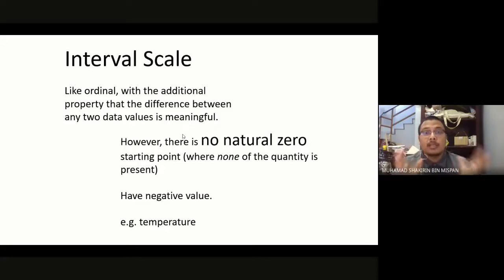So although they have negative values, it doesn't have a natural zero. What I mean by natural zero is, let's say, height. When you have 0 centimeters, it means that there is no height. So that's what we mean. If there is no natural zero, like temperature in degrees Celsius, it becomes an interval scale.